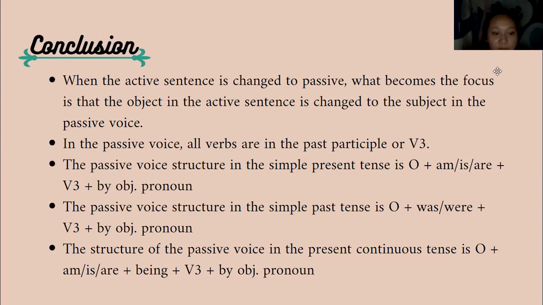For the simple past tense it is object plus to be in past plus verb 3 plus by object pronoun. And the last, the structure of the passive voice in the present continuous tense is object plus to be plus being plus verb 3 or past participle, followed by object pronoun.